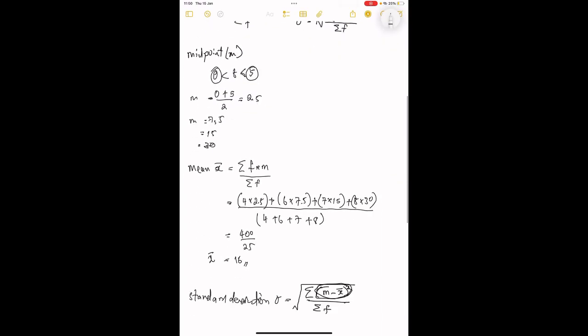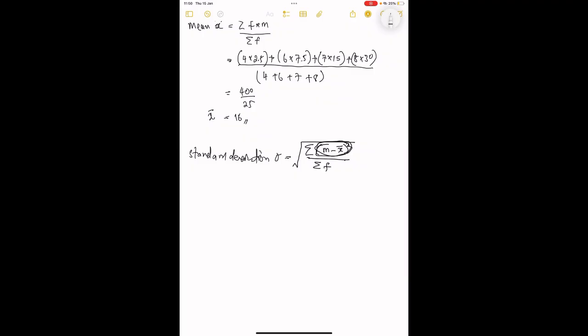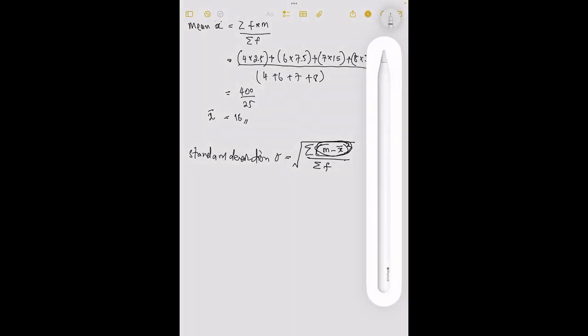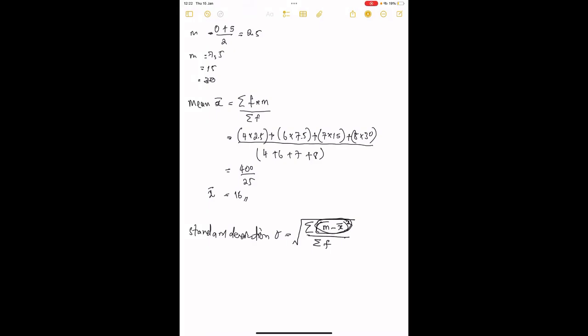So let's try to fill the rows here. Let's calculate the standard deviation. I'll just break down this formula for you here. m minus the mean in brackets squared, right?